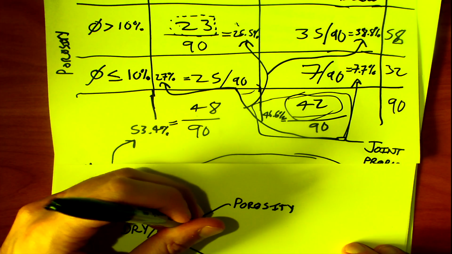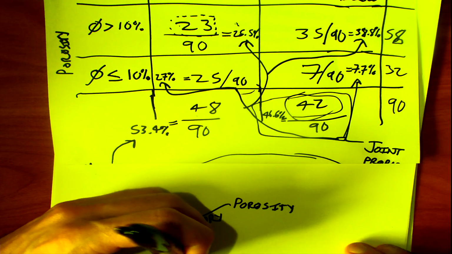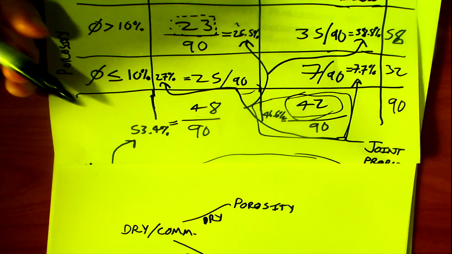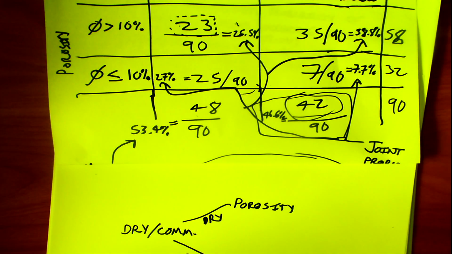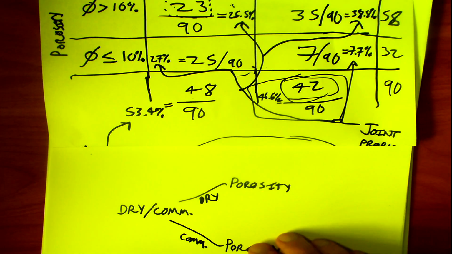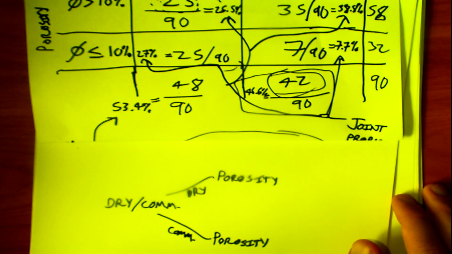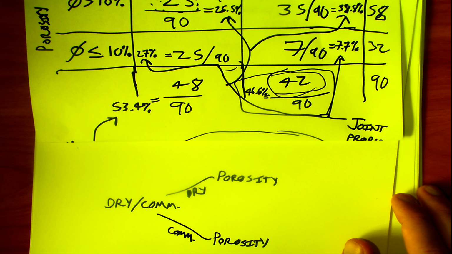So this branch would be dry. This branch would be commercializable. What would be the probabilities I assign to each branch? Dry and commercialized, the big ones. 48, 42, or 52. 48 for the dry.